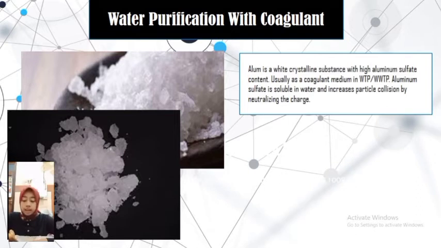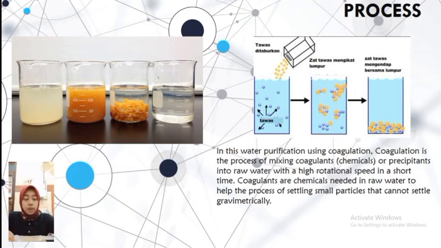The water that was given alum is clearer than the water that was not given alum. You can see the picture in the slide: water with alum and water without alum.